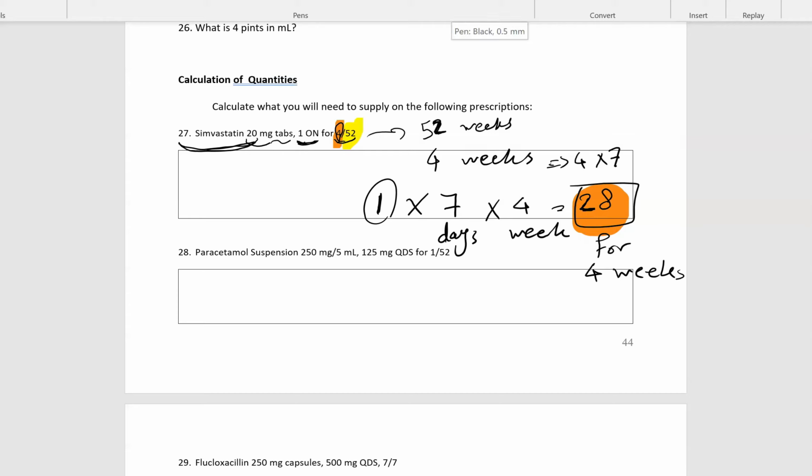Now paracetamol suspension, 250 milligram. The concentration is this one. We need 125, 4 times a day.